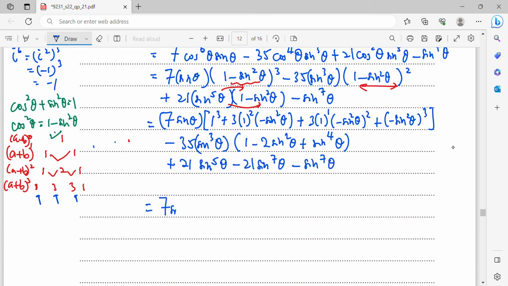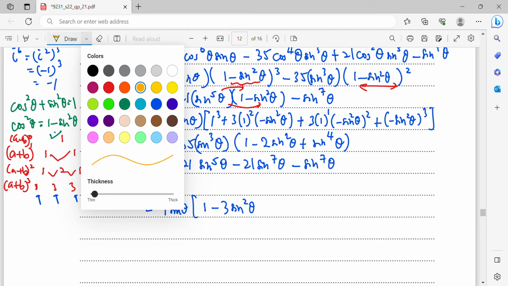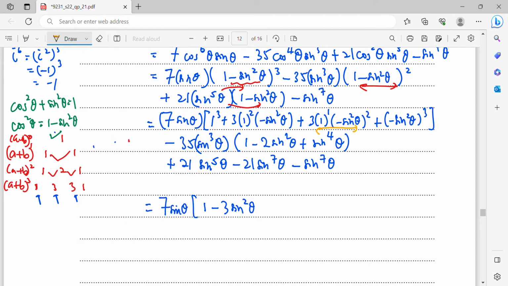So 7 sine theta. 1 cubed is 1. 3 times 1 squared times negative sine squared theta will be negative 3 sine squared theta. And then for this part, alright, the negative squared is positive. So I will get 3 sine^4 theta.